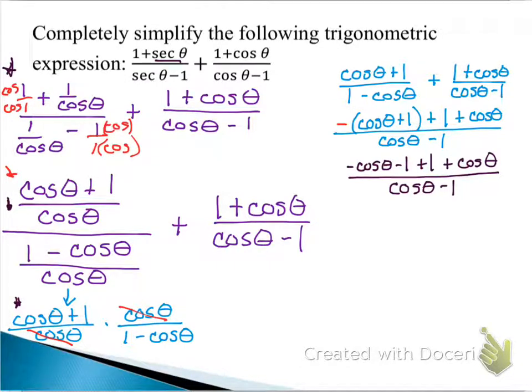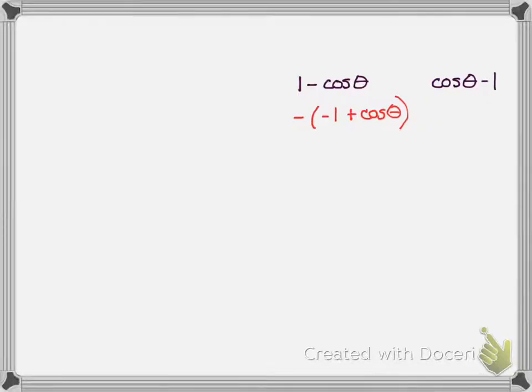Then we can write it up here in the upper right-hand corner. So now we have cosine theta plus 1 over 1 minus cosine theta, and then I just copied this part right here and put it over here, which makes it exactly the same. The next step, I had to get the common denominator. If we've got 1 minus cosine theta and then cosine theta minus 1, those are not equal.